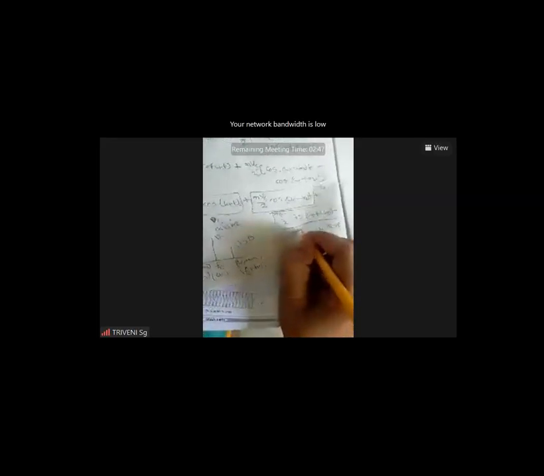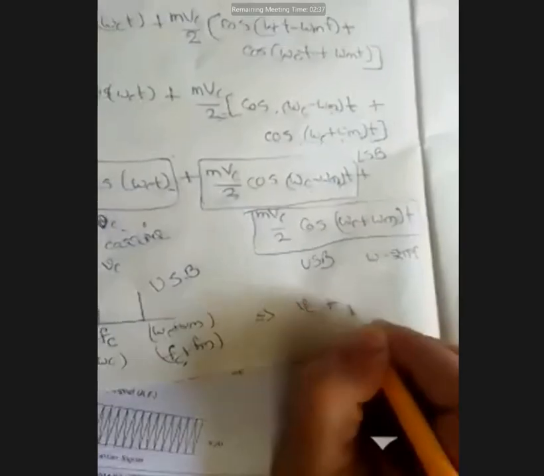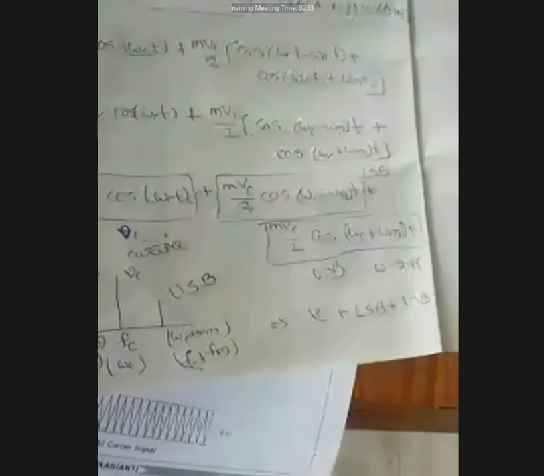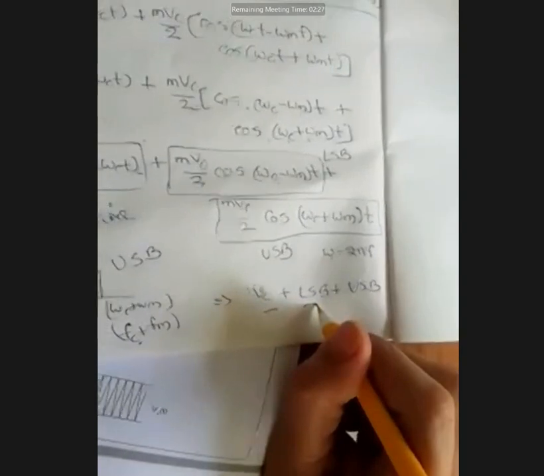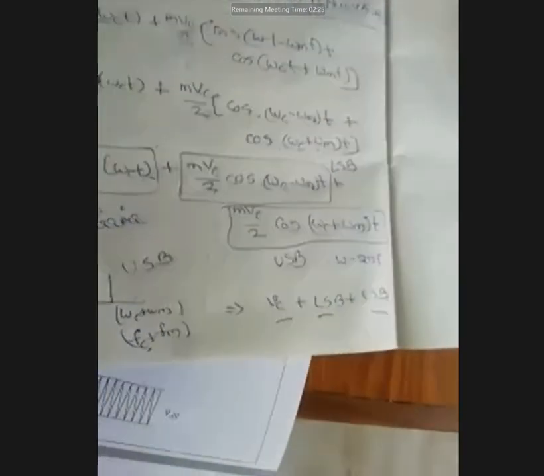So in the modulated wave we have the carrier wave as it is, this term is LSB, lower sideband, and this term is USB, upper sideband. So totally in the modulated wave we have the carrier wave as well as the lower sideband frequency and the upper sideband frequency. Okay, is it okay? Carrier wave, lower sideband frequency and the upper sideband frequency.